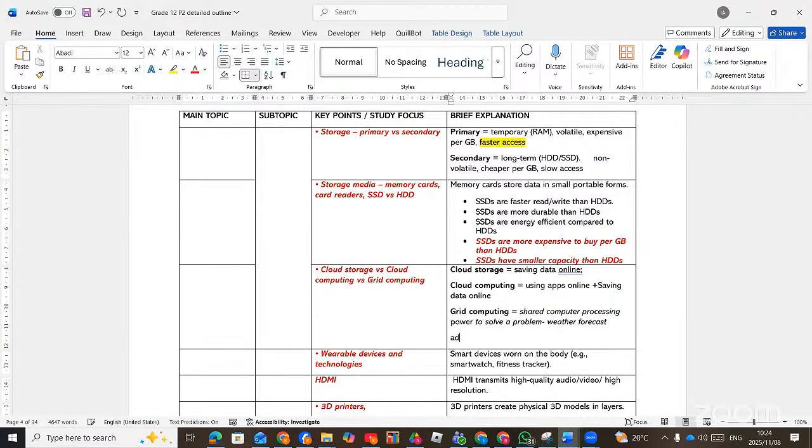As compared to the advantages, like we said, in terms of grid computing, idle resources can be utilized.